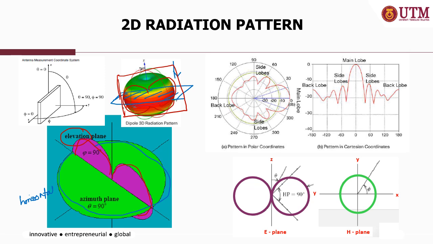So the antenna radiation pattern may be presented in a 2D plane, either in a polar plot or in a Cartesian plot of coordinates. For example, from this donut shape, when we cut it vertically, we may see a figure 8 shape from the antenna pattern. And when we cut it horizontally, the H-plane or azimuth plane, we may see a round shape of the antenna pattern.